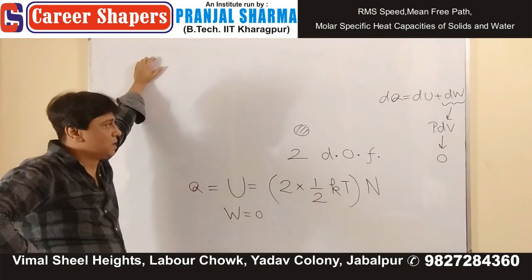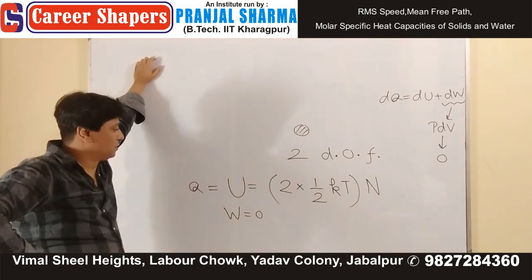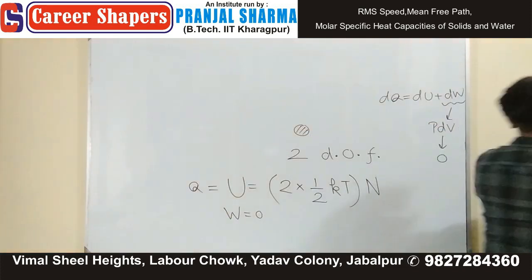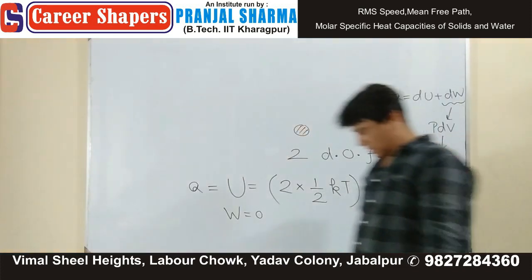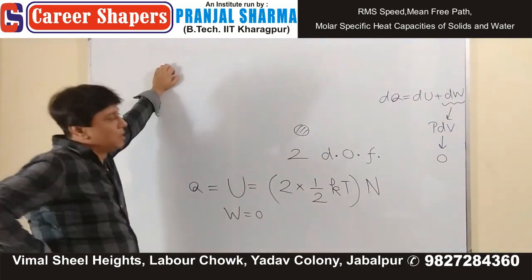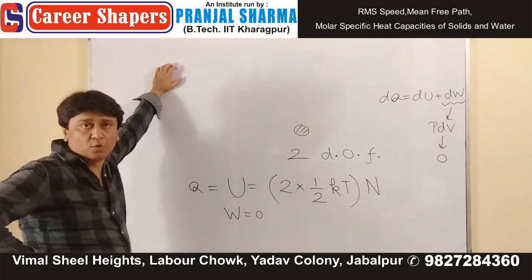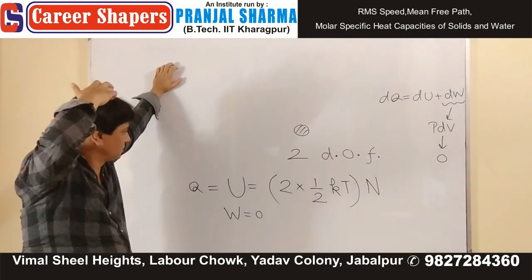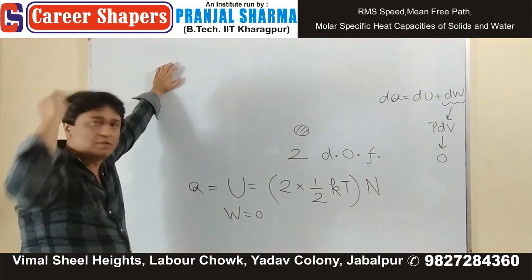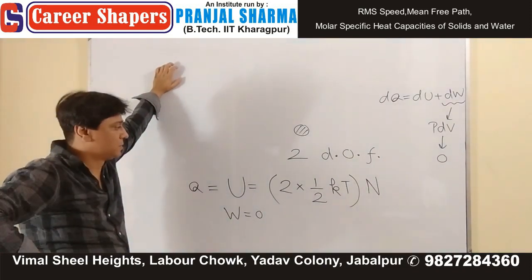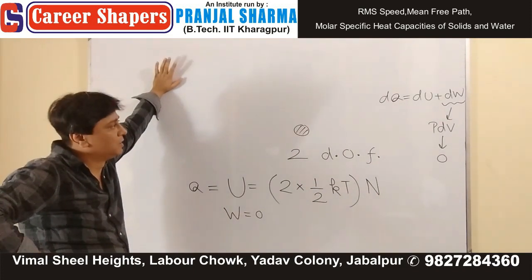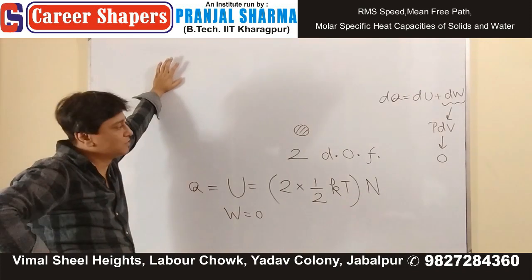An atom of a solid can only vibrate, and therefore it has 2 degrees of freedom.